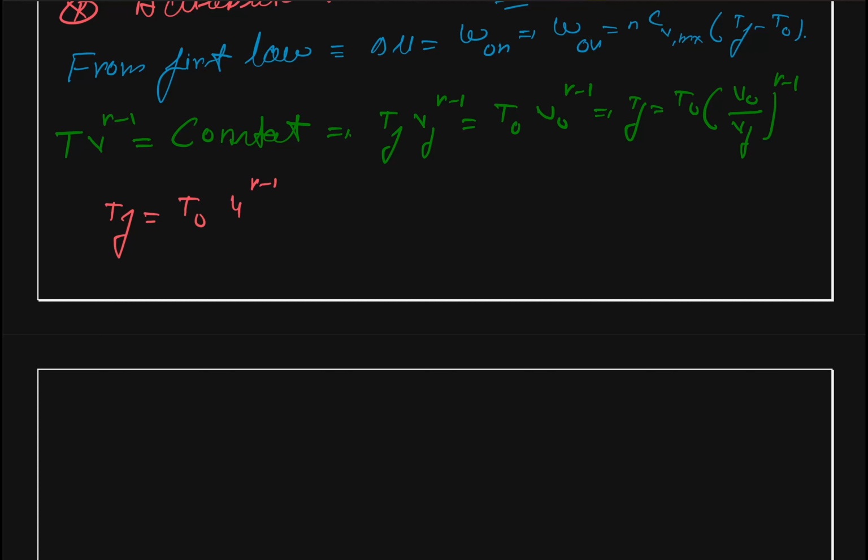So we can say this will be T naught times 4 raised to power 0.6, and we can say that our T F will be equal to 2.2 times T naught.